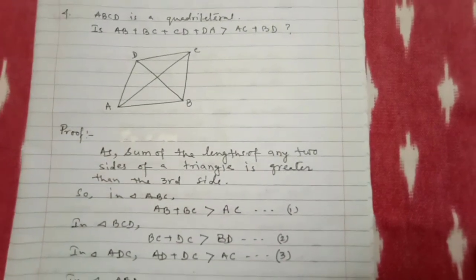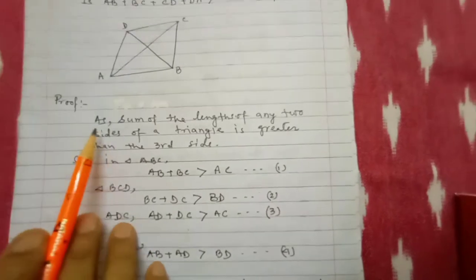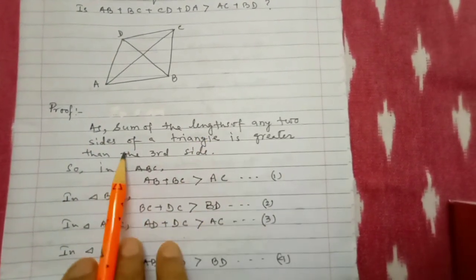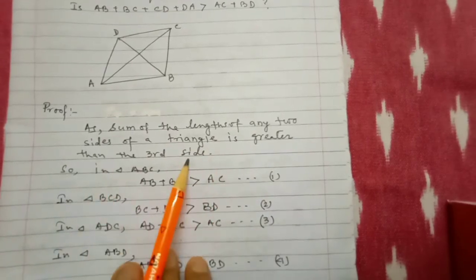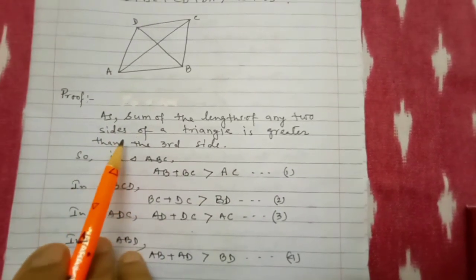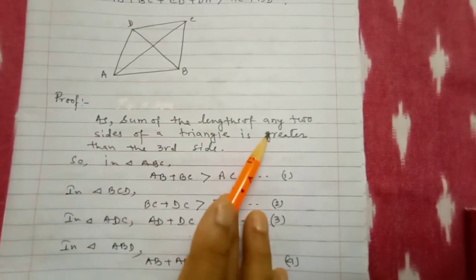Now, proof. As the sum of the lengths of any two sides of a triangle is greater than the third side, this property we have to use here. So before going to the sum, I am writing this property.